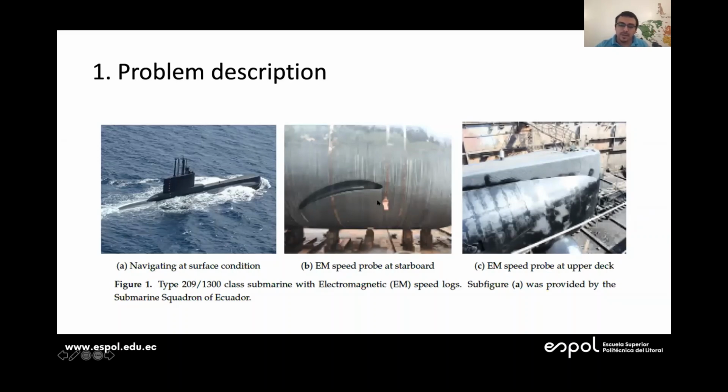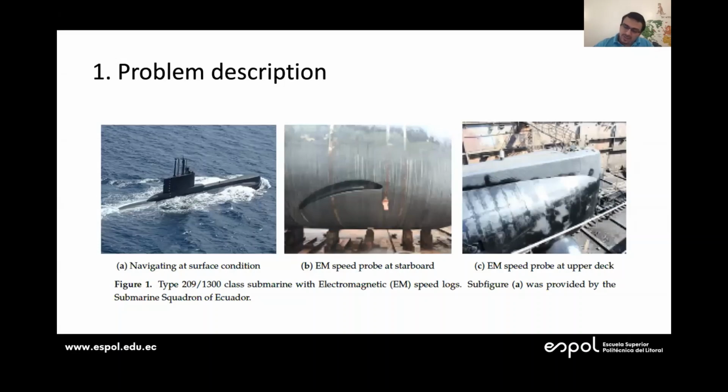I don't know if you can see this red device here in the center photo. That's a speed probe. And the thing is that the submarine used a device in order to estimate their position when it's operated underwater.